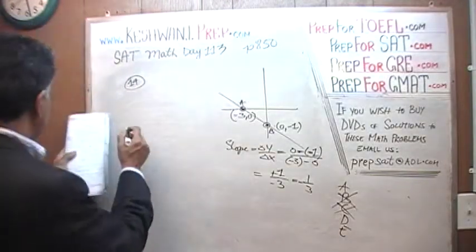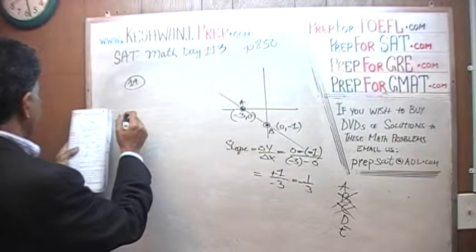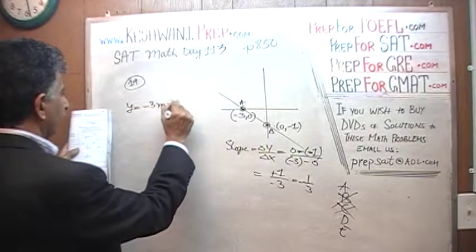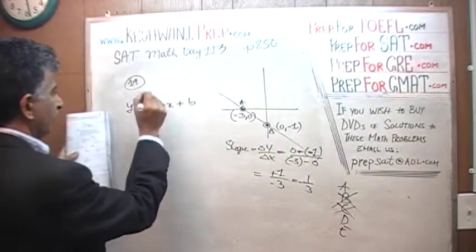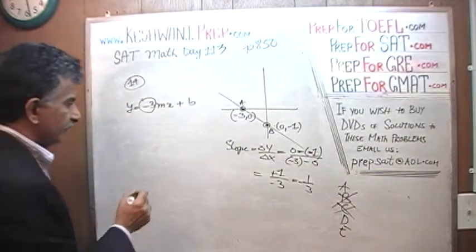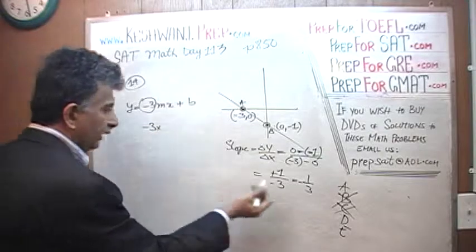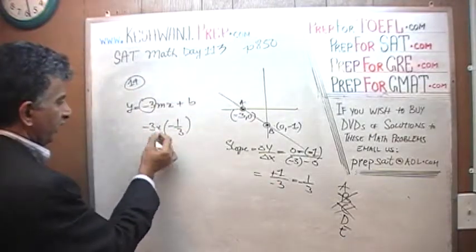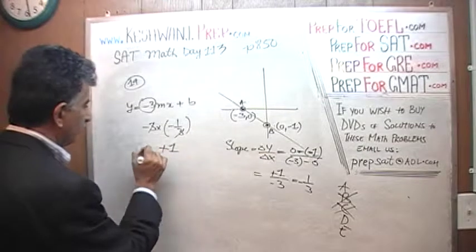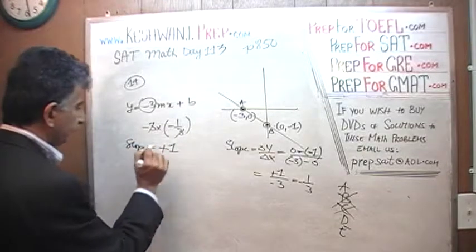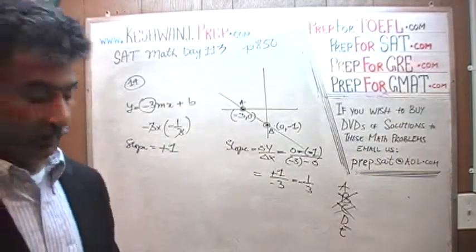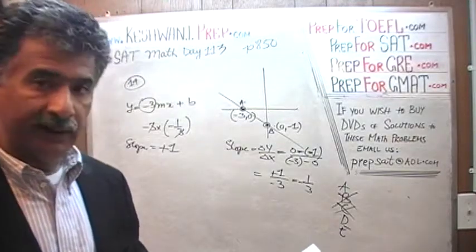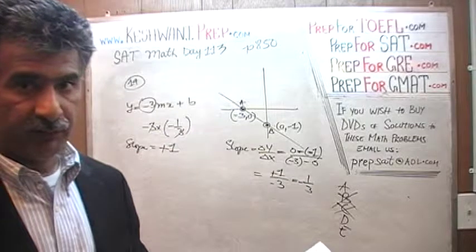And since the other slope, y equals -3mx plus b, is 3 times as much, it is going to be -3 times -1/3. Negative times negative is positive, and 3 drops out. We're looking for a slope of +1. Among the two answer choices that are left, A does not have a +1 slope.